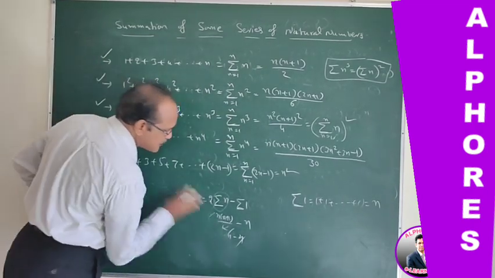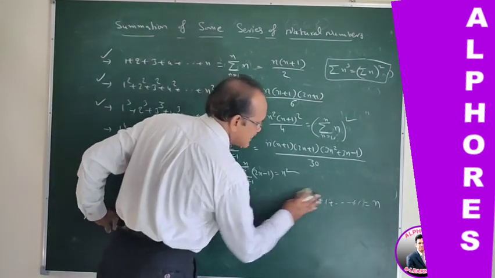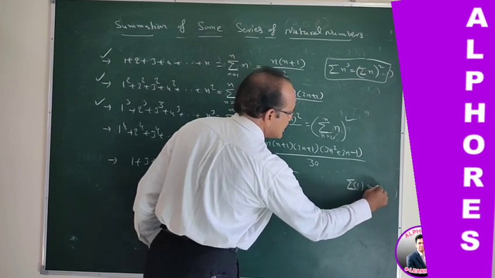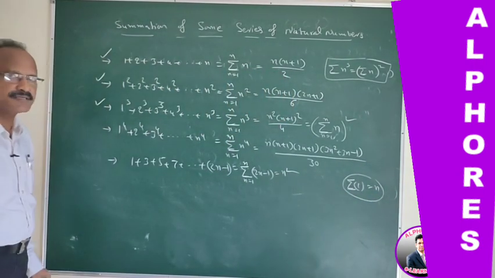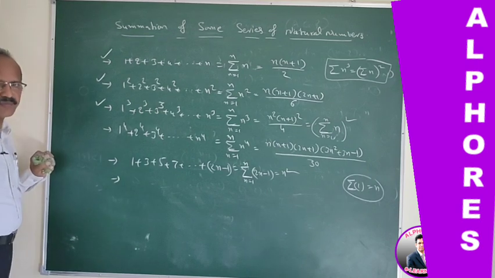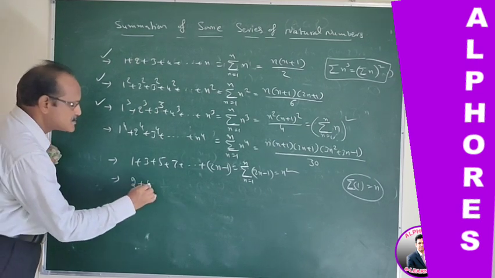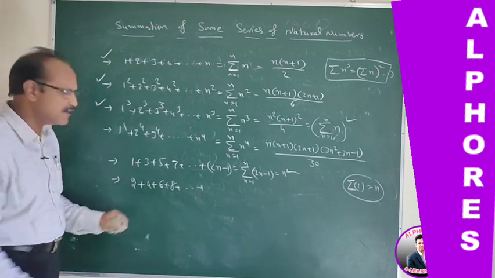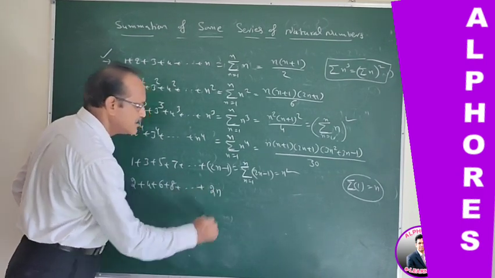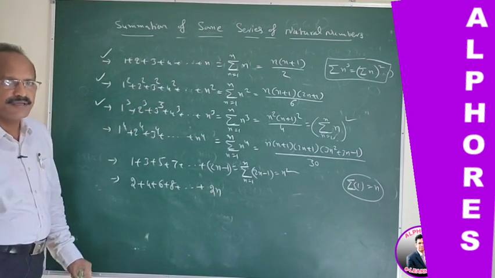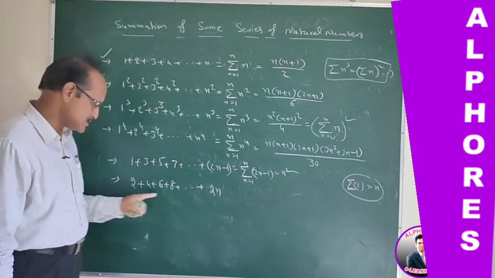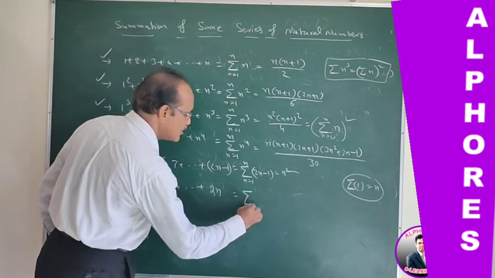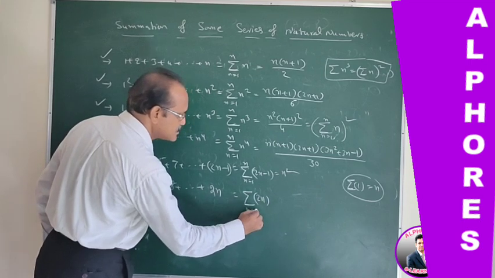And coming to the sum of the first n even natural numbers, that is 2 plus 4 plus 6 plus 8 and so on. The general form of an even number is nothing but 2n, where n is a natural number. So the sum of the first n even natural numbers is nothing but sigma of 2n, where n is equal to 1 to n.